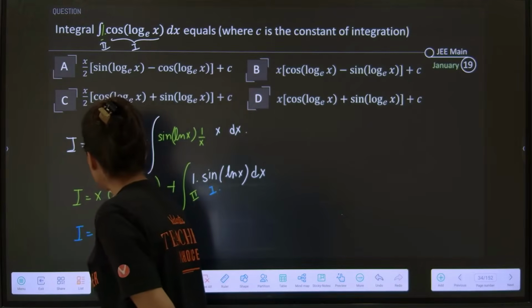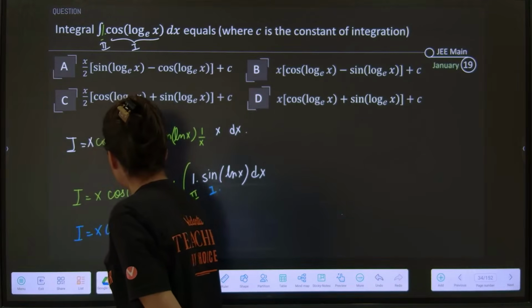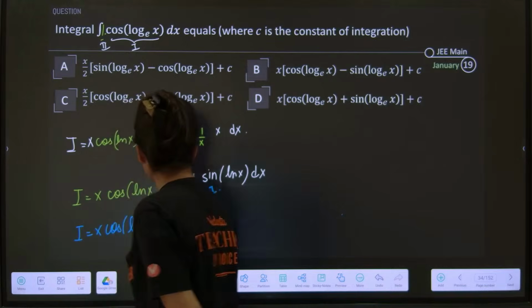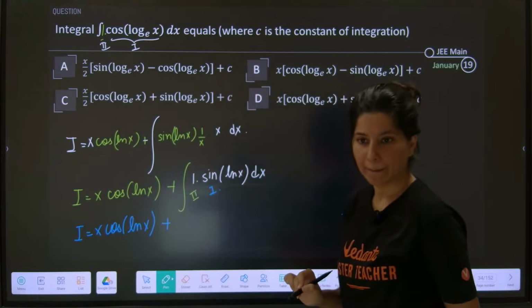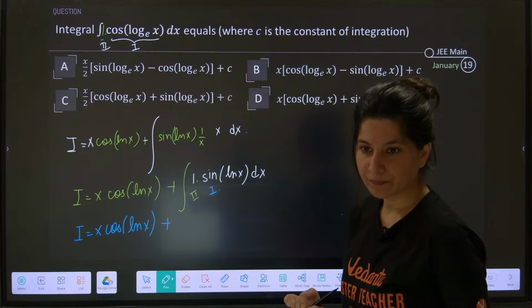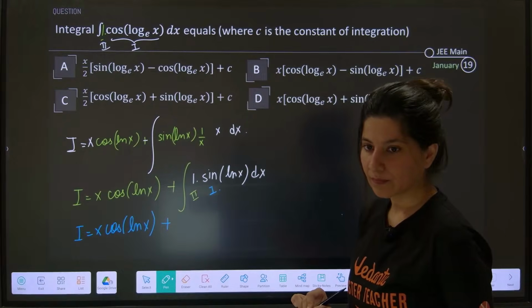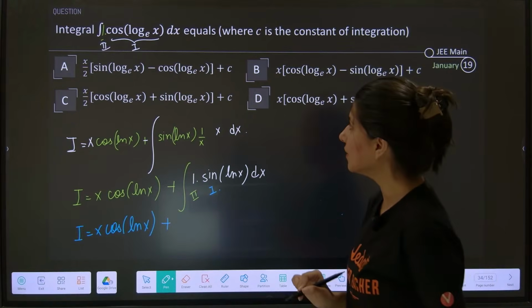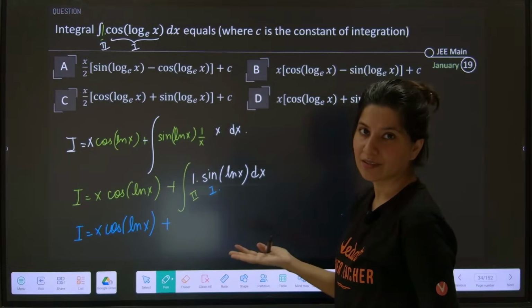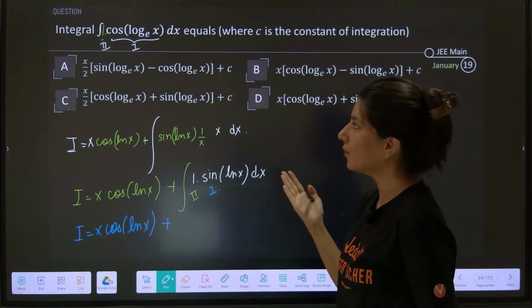I is equals to x cos log x plus... Ma'am, trigonometric function cos of log x. This is trigonometry completely.